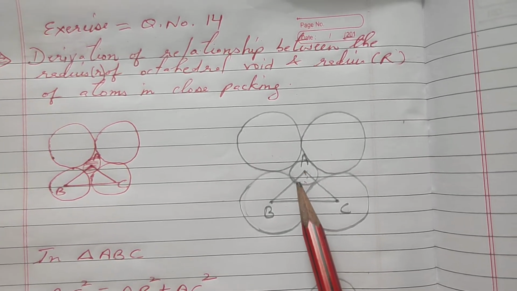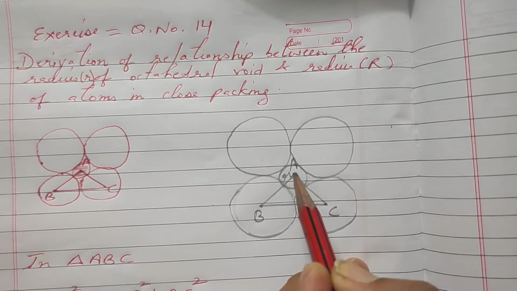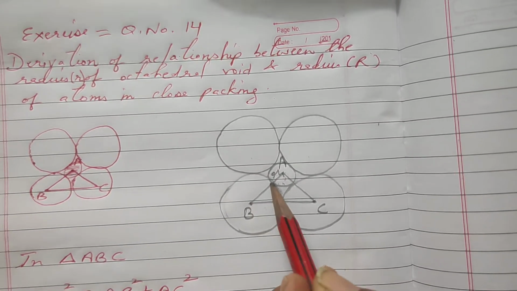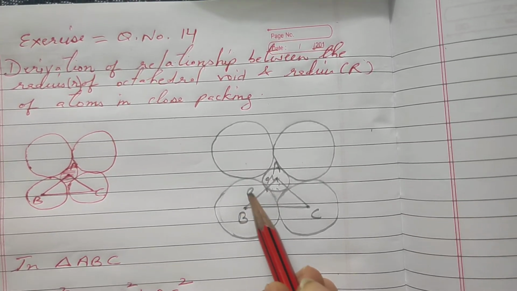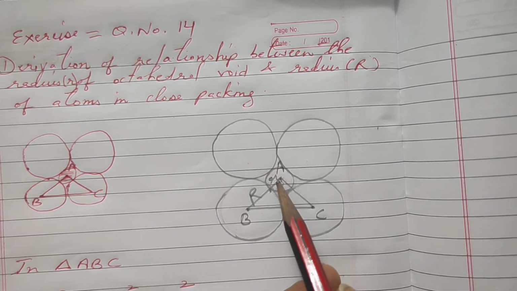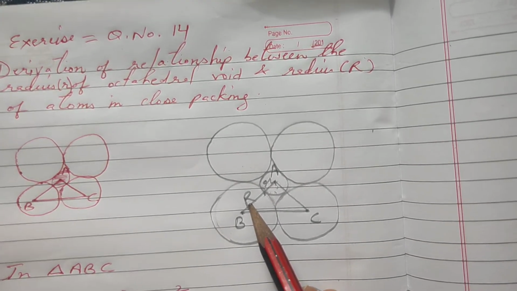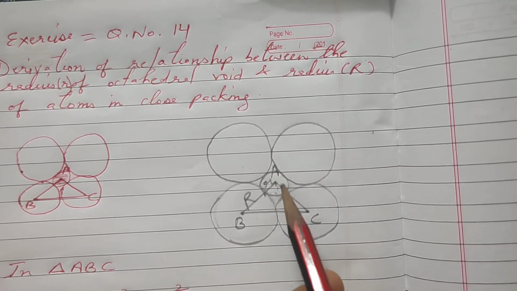that is the small r, and the radius of the sphere, that is capital R. We have to derive the relation between small r and capital R in the octahedral case, for the octahedral void.